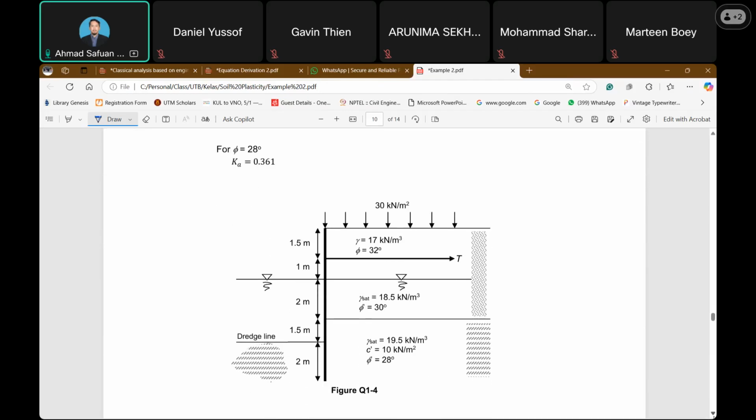So we have 3 layers of different soil properties. The first soil has 2 different properties, and the last layer, since it is fully saturated, only has a single soil property.